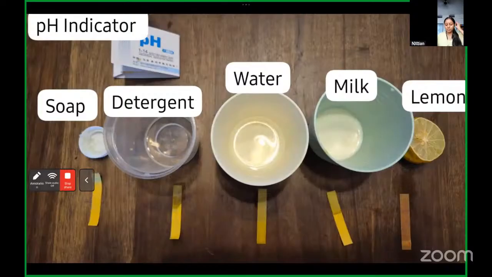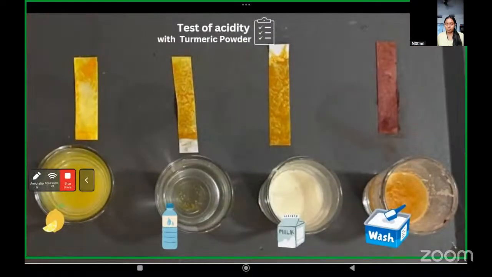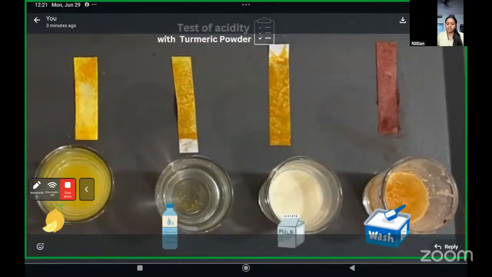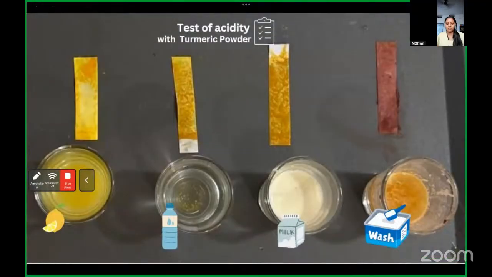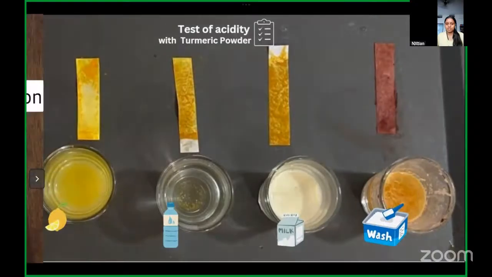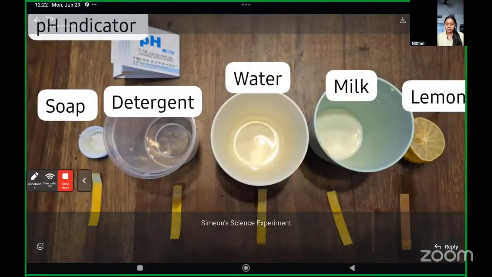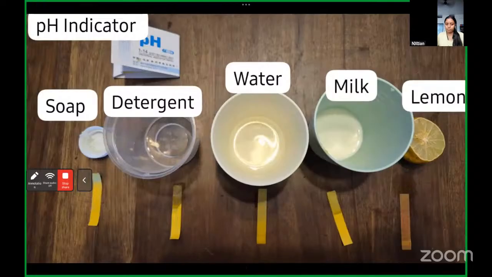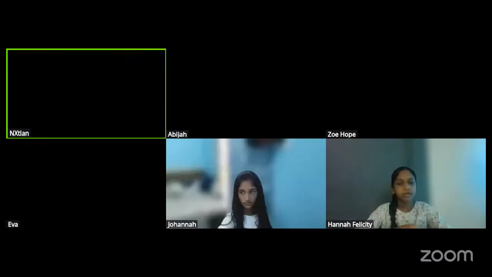So this student has used a pH indicator, the universal paper stripes, and here this is the turmeric made stripes, and this is the pH one.